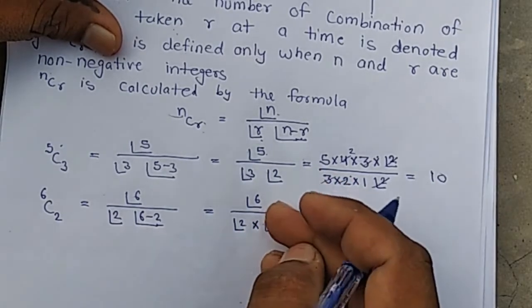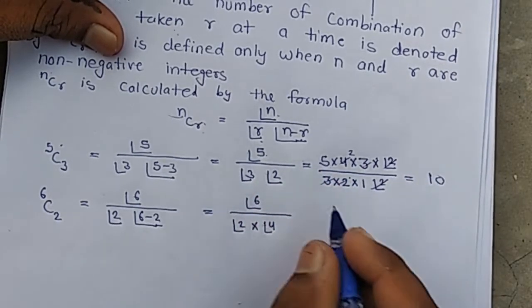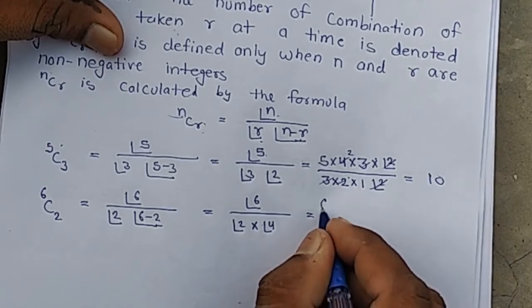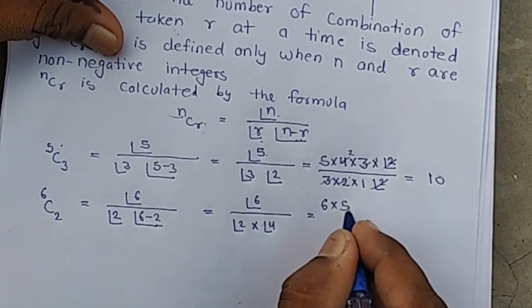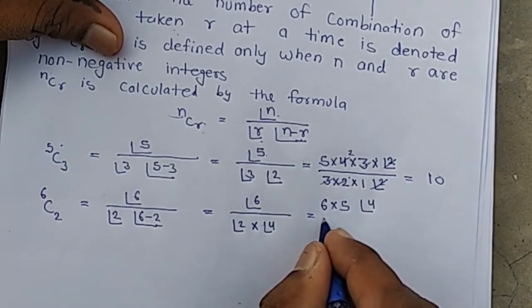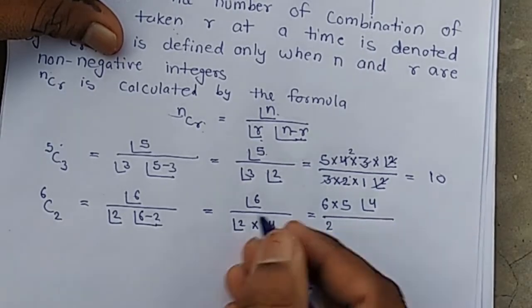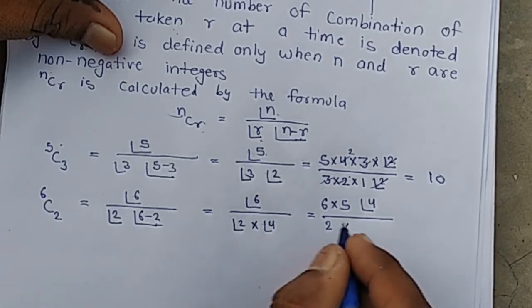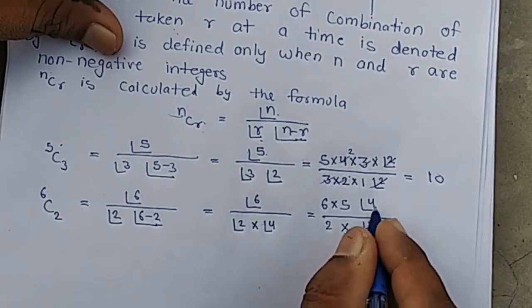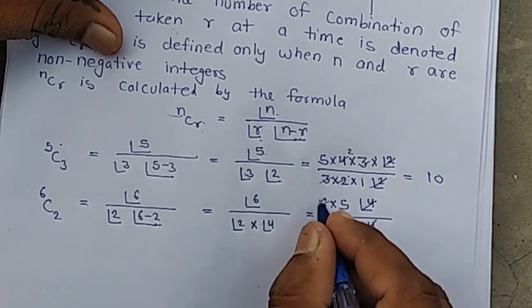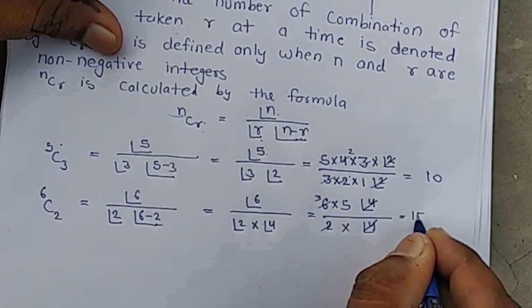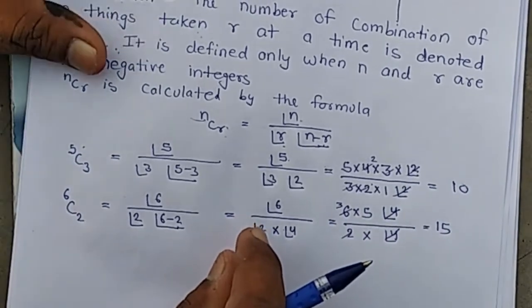Now we change factorial 6 into factorial 4 form, means we write 6 into 5 into factorial 4. Factorial 2 can be written as 2 into 1, and factorial 4 cancels out. We have 15. The value of 6C2 is 15.